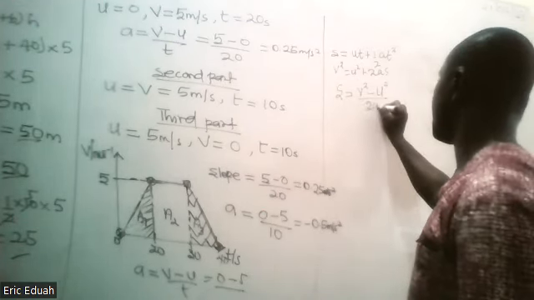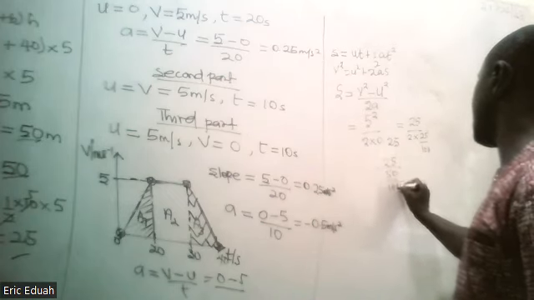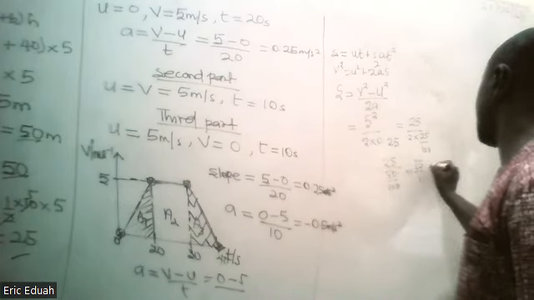So 25 divided by 2 times 25 over 100, so 25 on 50 over 100, which is the same as 25 times 100 over 50. So 50. Okay, so the distance covered is 50 meters, as we got using the first part. So this is also giving us the same thing.